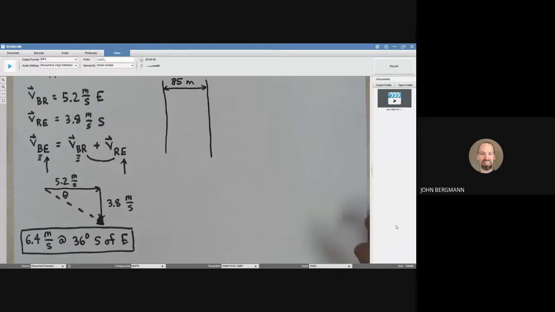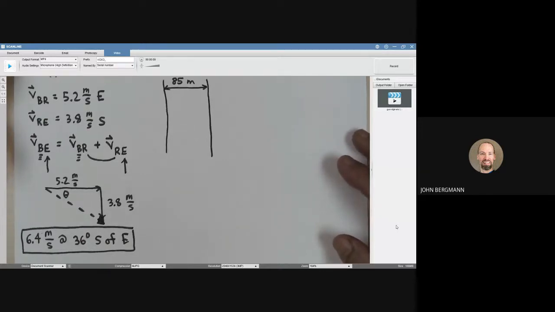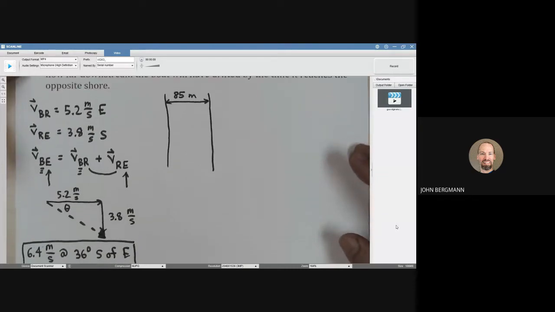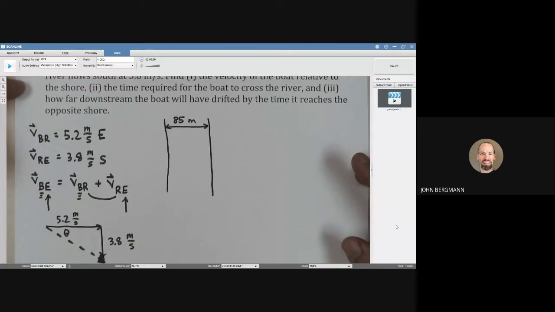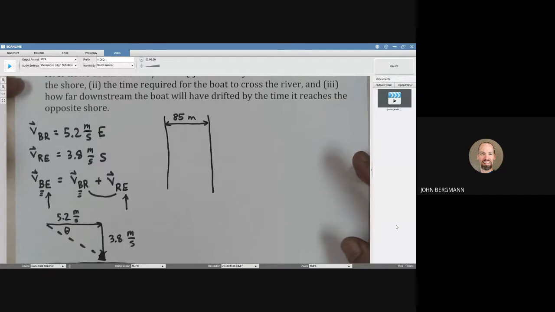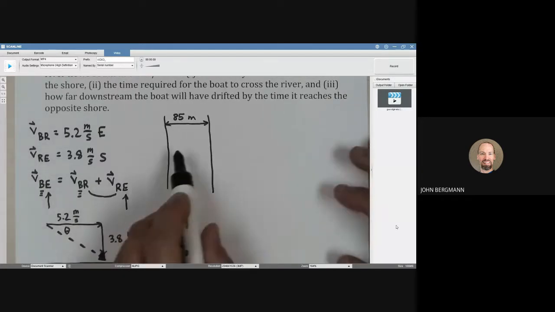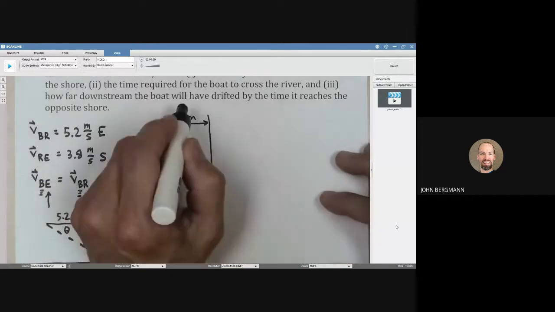The second part says we want the time required for the boat to cross the river. So in case you're writing this down, I hope you had enough time to write down that 6.4 meters per second answer. Let's scooch back up here. And at the top of the screen now, we need the time required for the boat to cross the river. The distance is 85 meters.